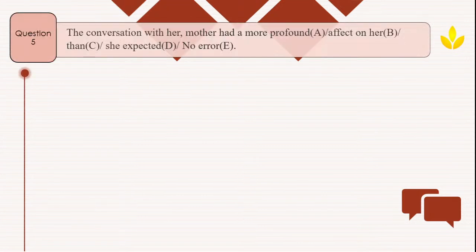The conversation with her mother had a more profound effect on her than she expected. No error. So as usual, your options are A, B, C, D, E. So again, word form error.